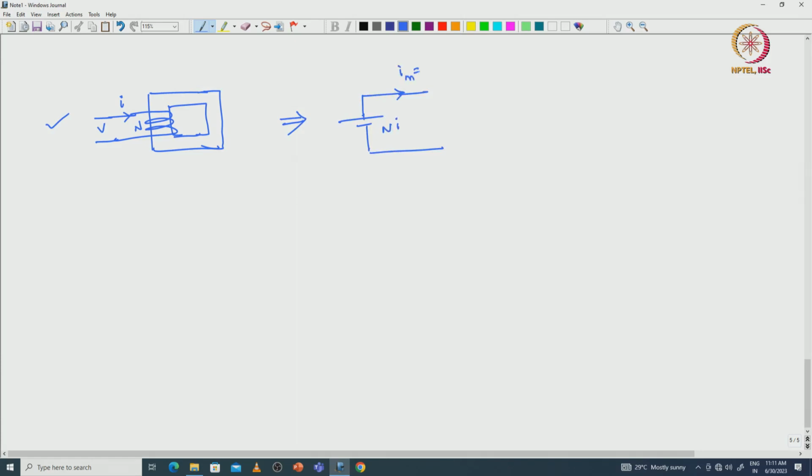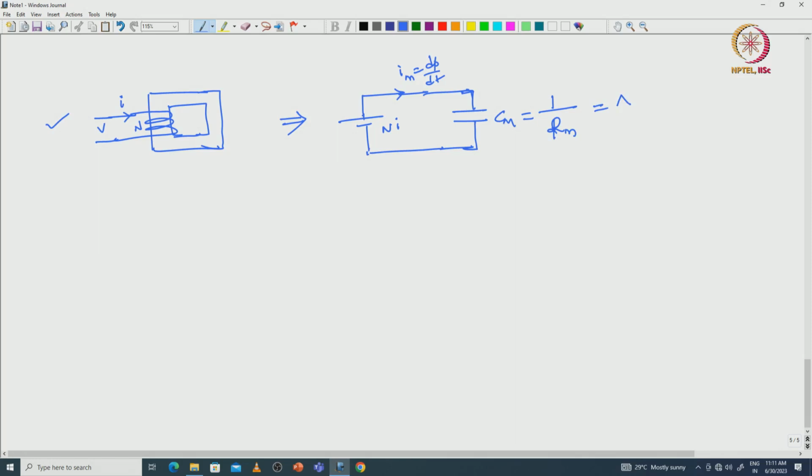Here Im is equal to d phi by dt, and as the storing element we should model the core as a capacitance, that is Cm. Magnetic capacitance is equal to 1 by reluctance, or it is equal to permeance.